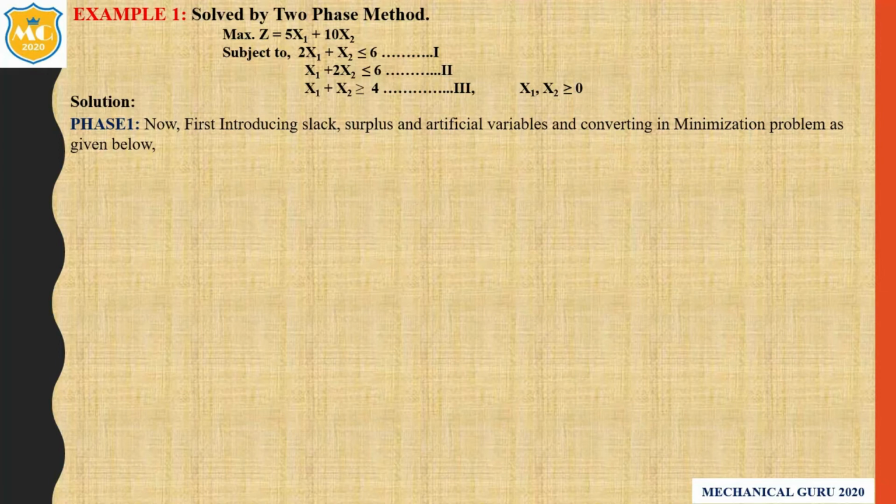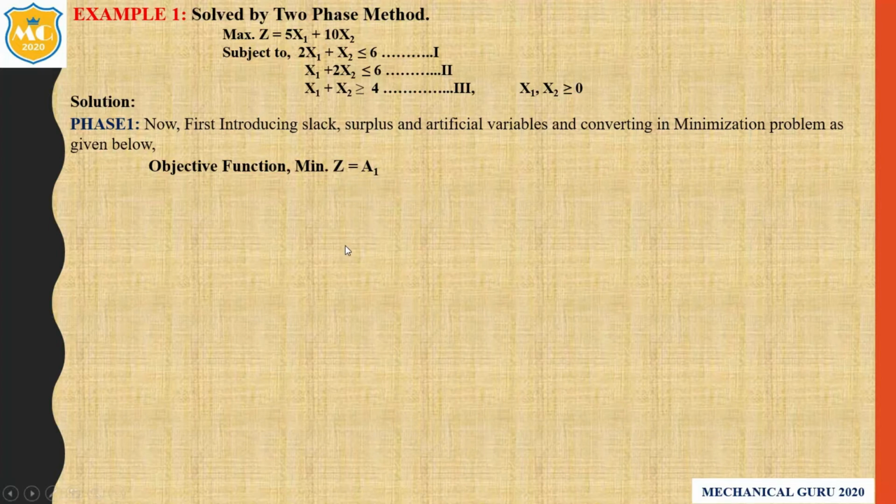Next, the summation of all the artificial variables is our objective function. Here only one constraint is greater than or equal to, so the objective function is minimize z equals a1.